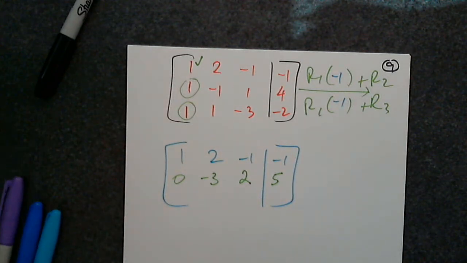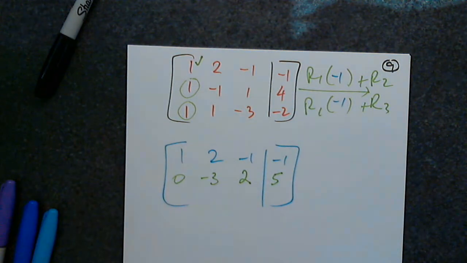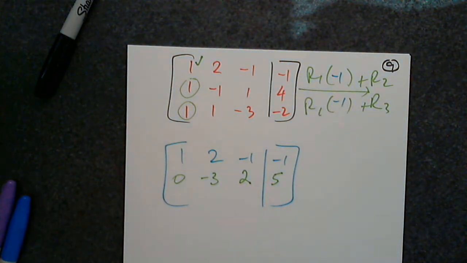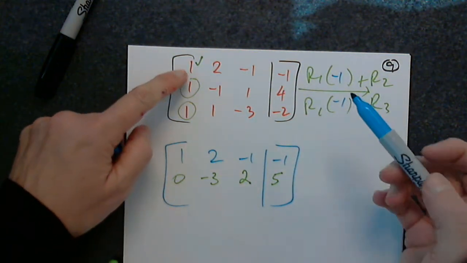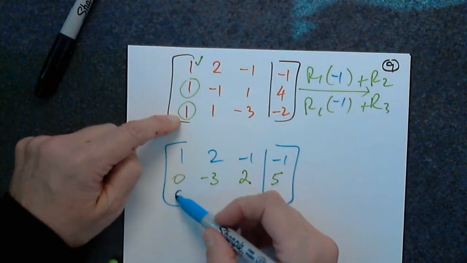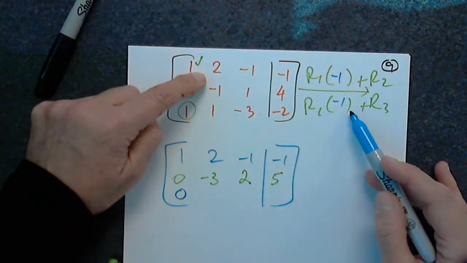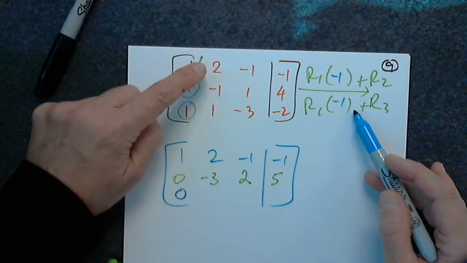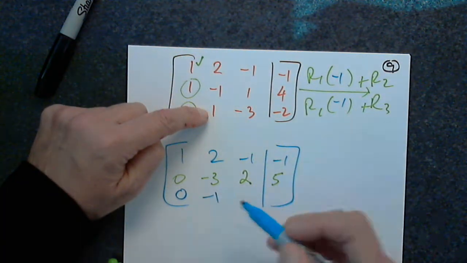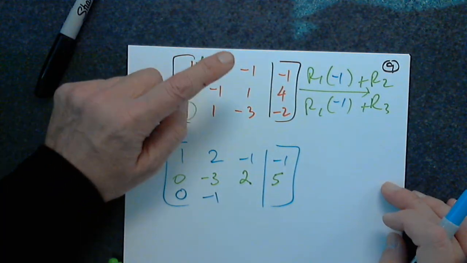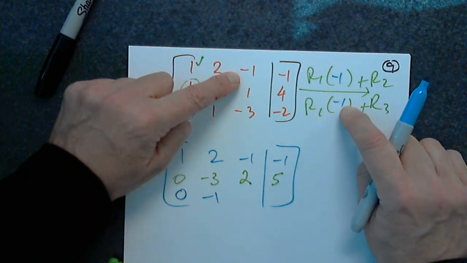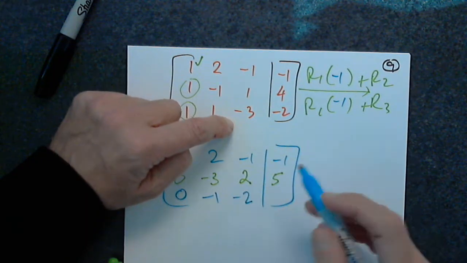Maybe the second one has more hope and we can swap these two. We'll see. I don't know. So 1 times -1 plus 1 will be 0. 2 times -1 is -2 plus 1 will be -1. -1 times -1 is 1 minus 3 is -2.